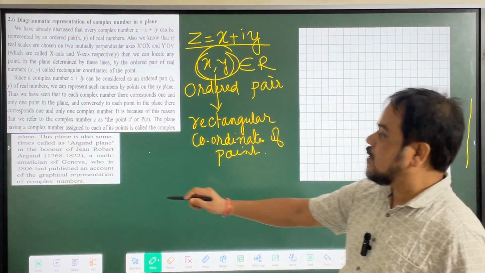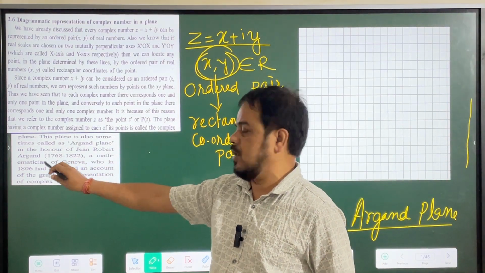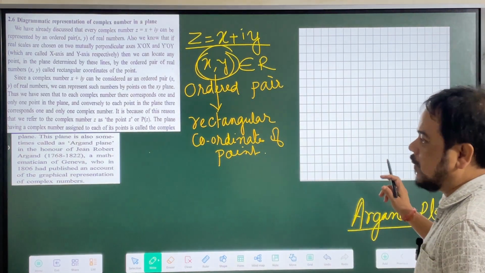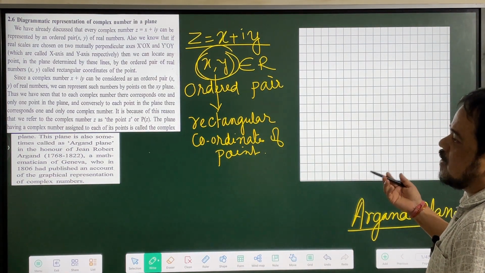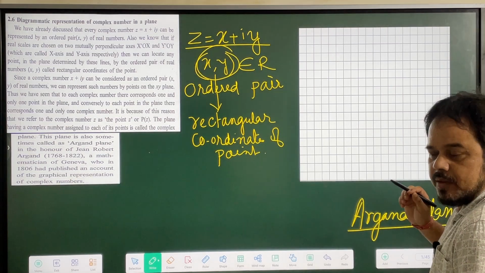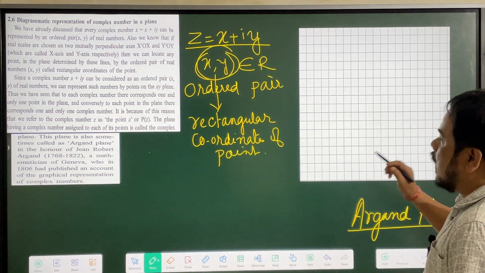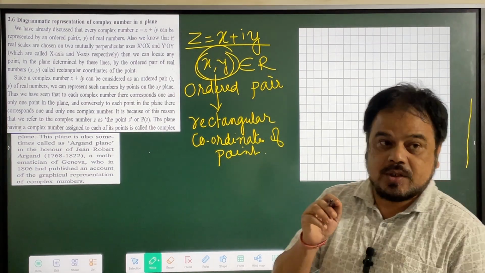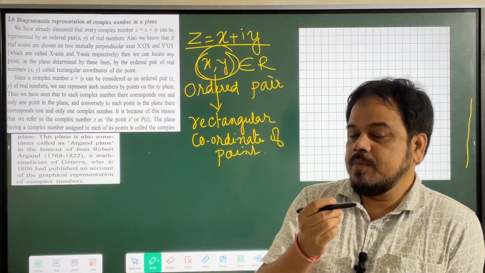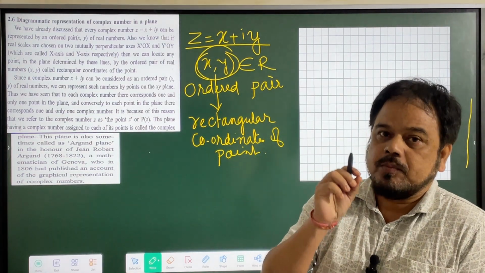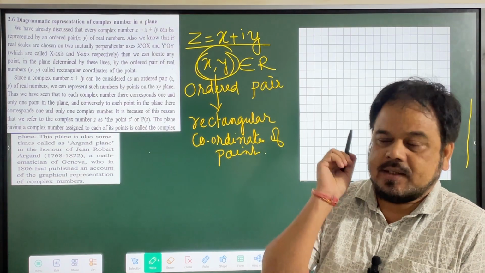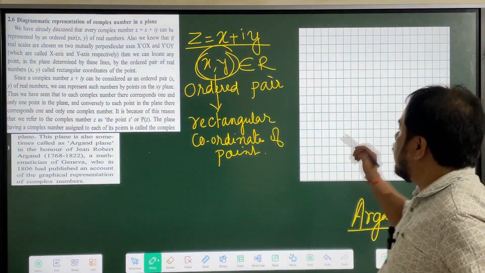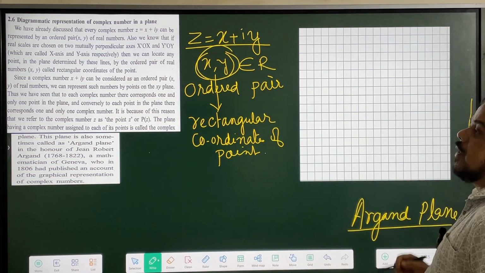His surname is Argand. And we can also simply call this a complex plane. It is a graph in which we can represent, plot and locate complex numbers, and that plane is called the Argand plane.